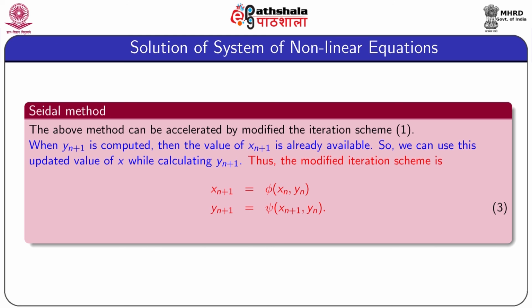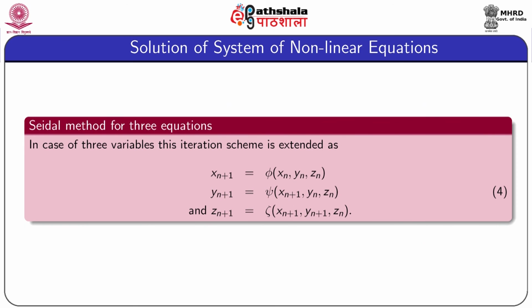Thus, the modified iteration scheme is xn plus 1 equal to phi of xn, yn and yn plus 1 equal to psi of xn plus 1, yn. Note that in equation 3, the first argument of psi is replaced by xn plus 1 instead of xn, which is used in the fixed point iteration method. This is the modification in Seidel iteration, and this iteration is called the Seidel iteration.